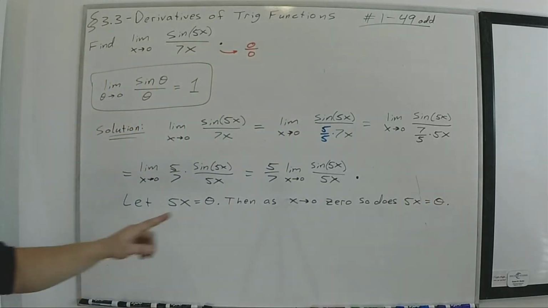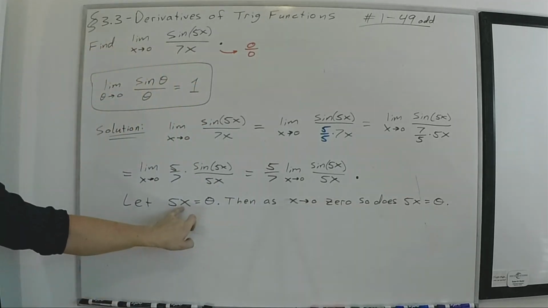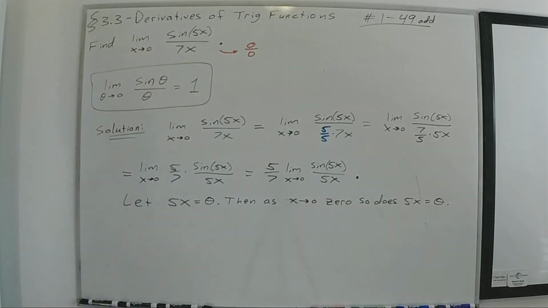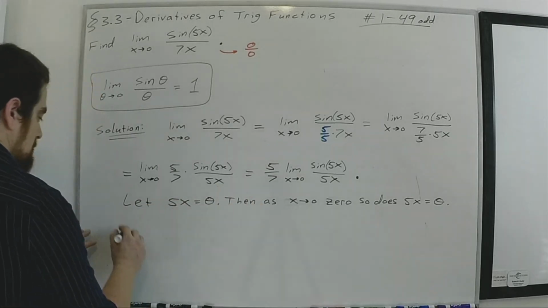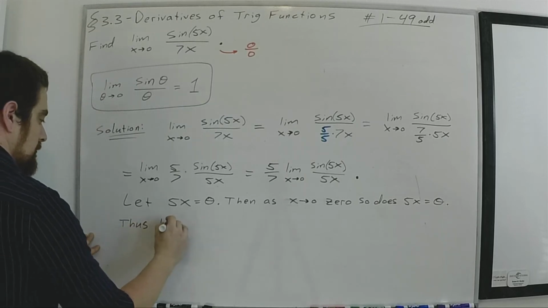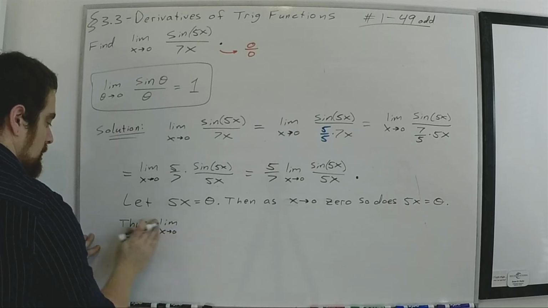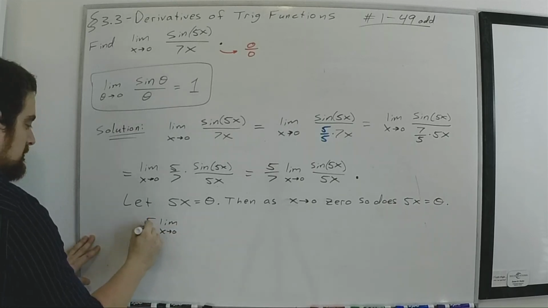This means that as x goes to 0, theta must go to 0 as well, because if the left-hand side is 0, the right-hand side also has to go to 0. Now this allows us to take this limit. That's the limit as x goes to 0. Well, let me write my 5/7 out front.